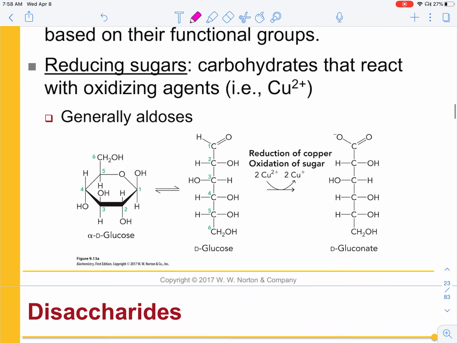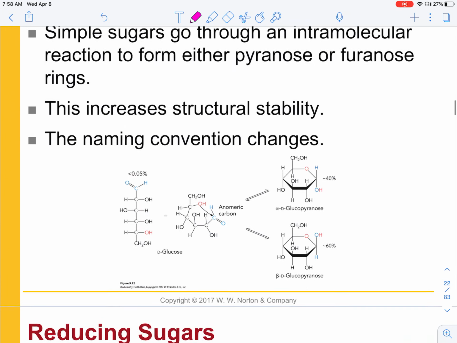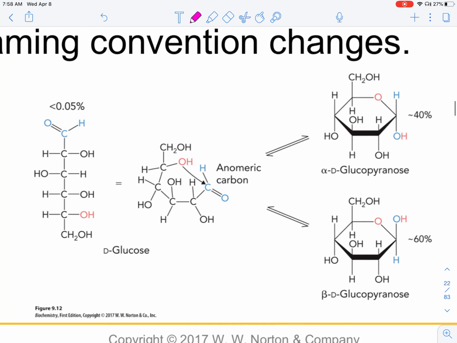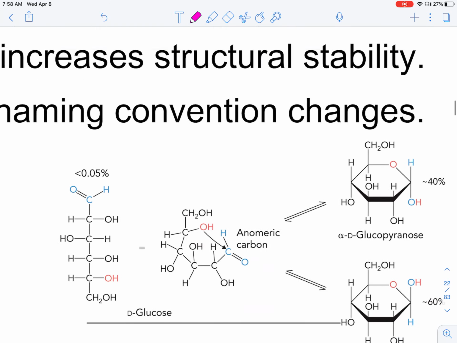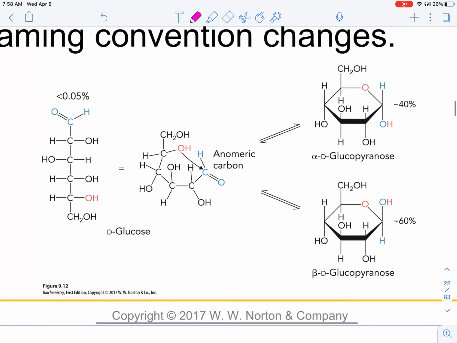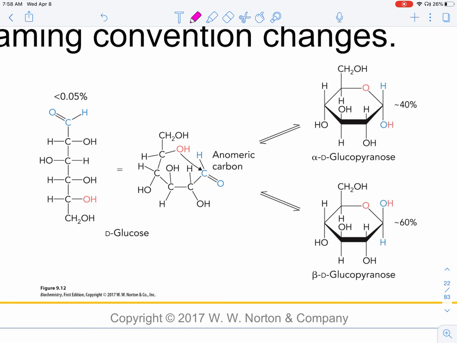And again, I'm not going to get too deep into the chemistry of these because I do want to get into glycolysis. But if you look at what happens, this is the regular form of glucose, but they form these rings.